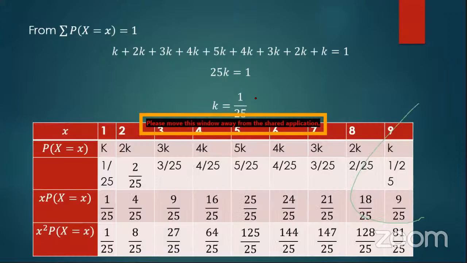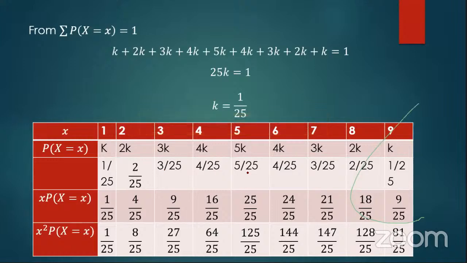Then after that, we draw our table again and substitute for the value of k. As you can see here, I'm creating another column: k is 1/25, 2k is 2/25, and the rest.